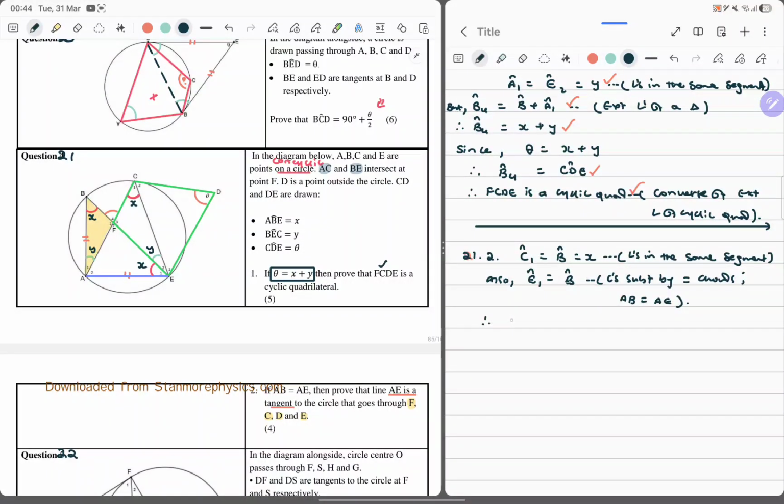But now, what is the conclusion? The conclusion is that C1 is equal to angle E1.